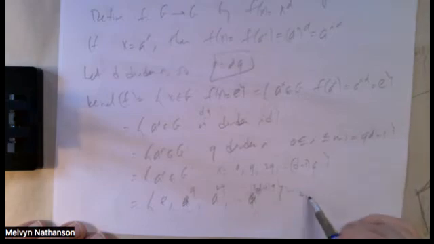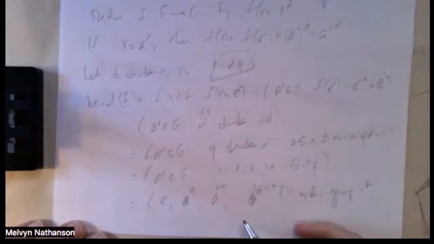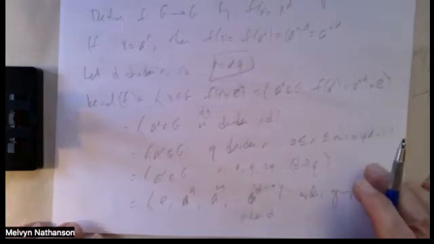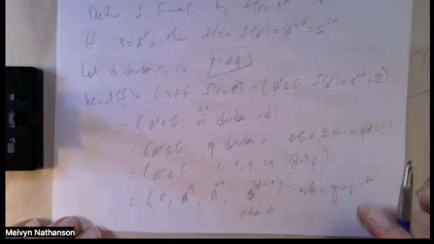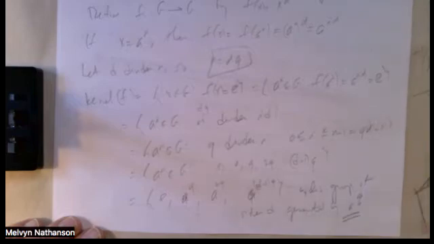So this is actually a cyclic group of order d, generated by a to the q.